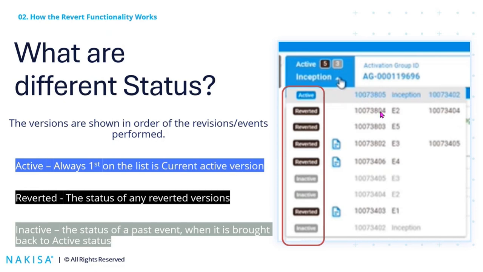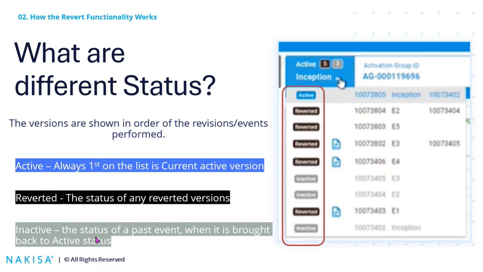So if you are reverting to a level, then the active status automatically appears on the top to be convenient for the user. Then the status of any reverted versions will be in a black background with white font saying reverted.